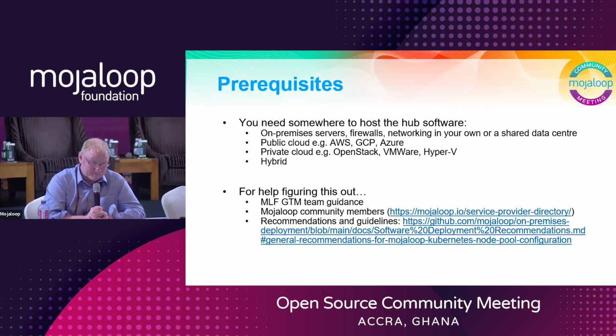You can talk to them at any level, and if they don't have direct answers themselves to guide you, they will be able to point you in the direction of the right people to ask in the Mojaloop community or within the Mojaloop Foundation. We do have a service provider directory, which is hosted on the Mojaloop website. You can see that in one of the links there on the slides. These slide decks will be shared with everybody publicly after this event, so you can follow that link. You don't have to write it down now.